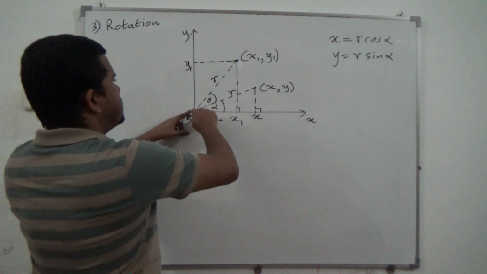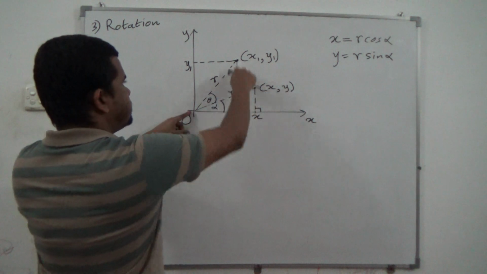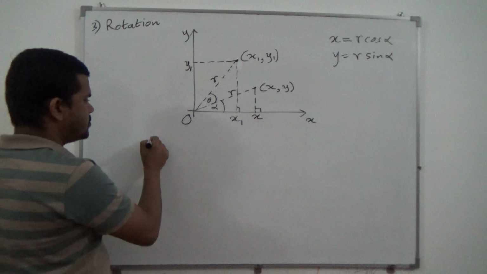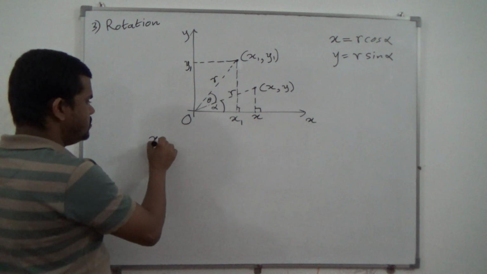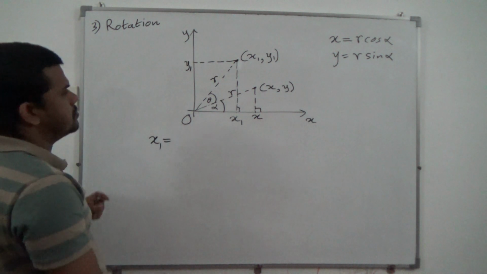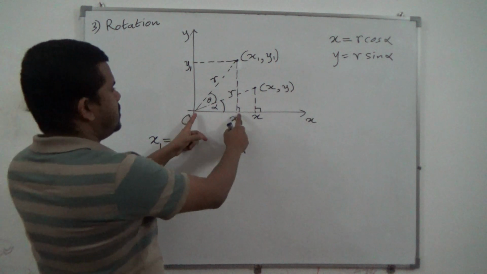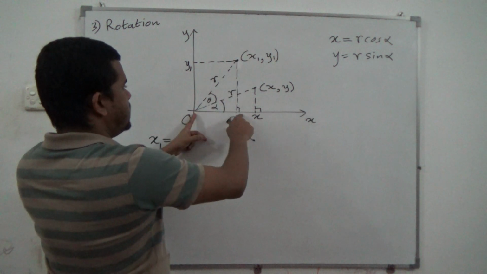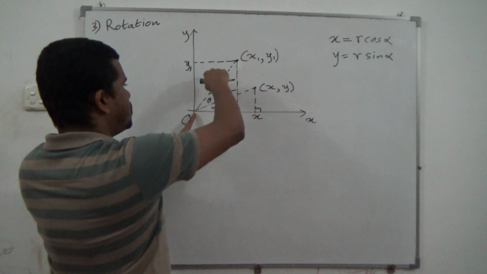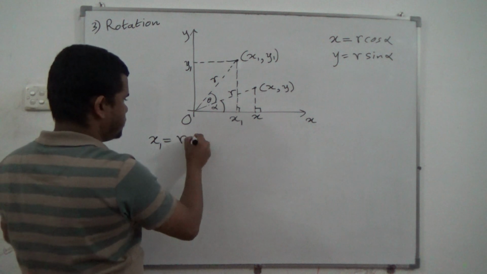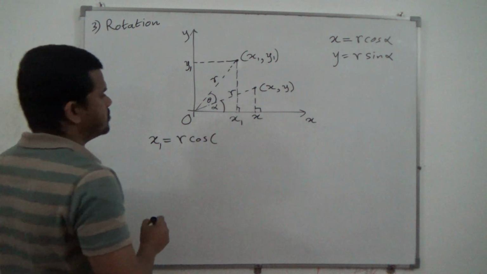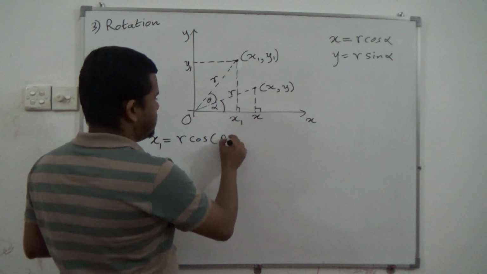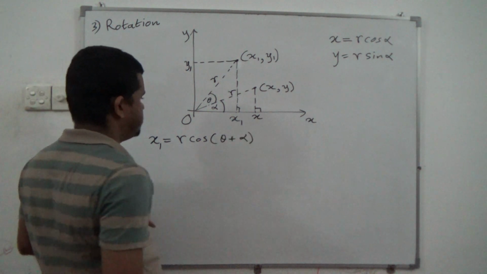Now if we consider this triangle, this length is x1, so x1 is r cos of theta plus alpha.